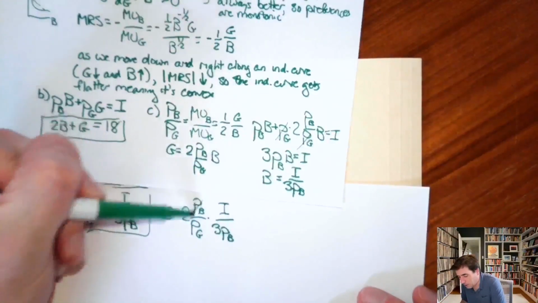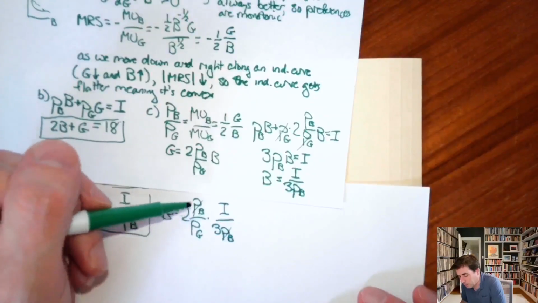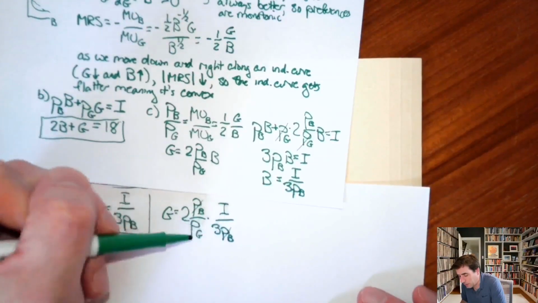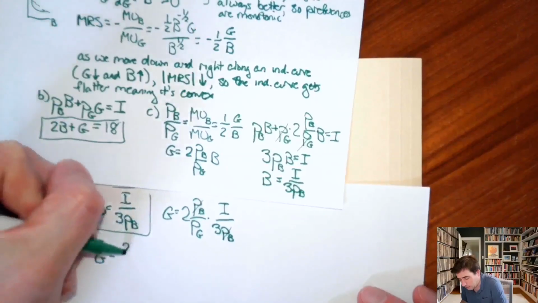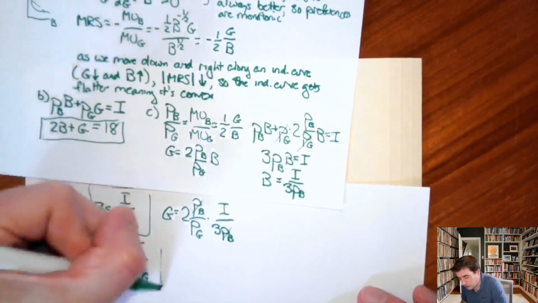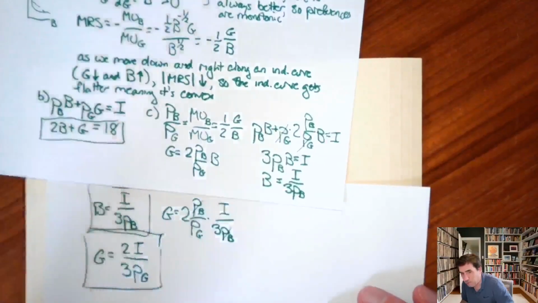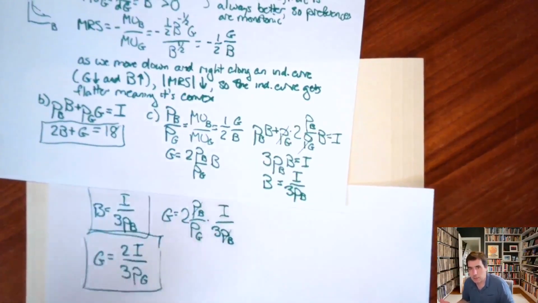And so this PB cancels with that PB. And so I'm left with 2I over 3PG. So that I'm going to write over here and box it because that's my final demand equation for G. That's how I'm going to get an exact value for G.